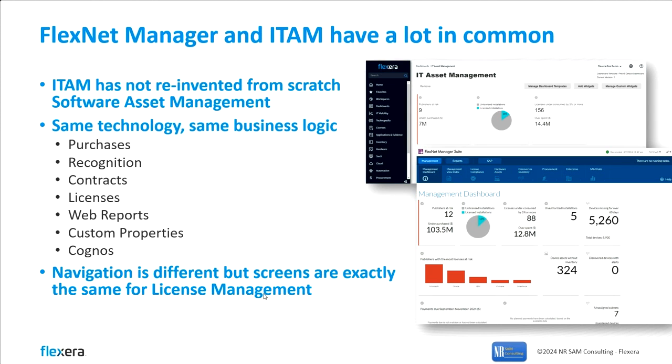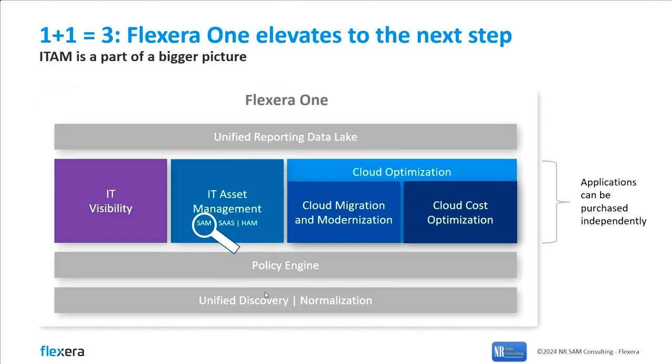There are differences, I will insist on that, but I would say this is the same engine. This is the same logic. You have the same way of importing purchase, creating licenses. So you are not moving to a completely new world if you move from on-premise to cloud. But you're expanding the scope.